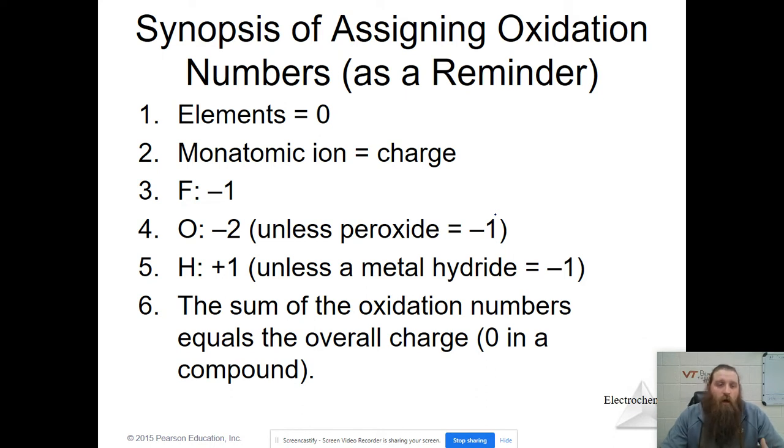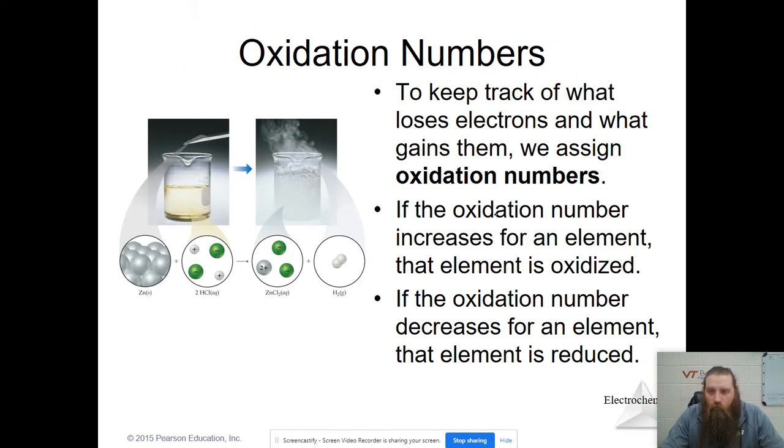Fluorine's -1, oxygen's -2 unless it's peroxide, in which case it's -1. H is going to be +1 unless it's part of a hydride, where it will be -1. Remember that the sum of the oxidation numbers has to equal the overall charge of the species: 0 if it's a neutral compound, whatever the charge is if it's an ion. Okay, so those are just a simple recap of the rules.